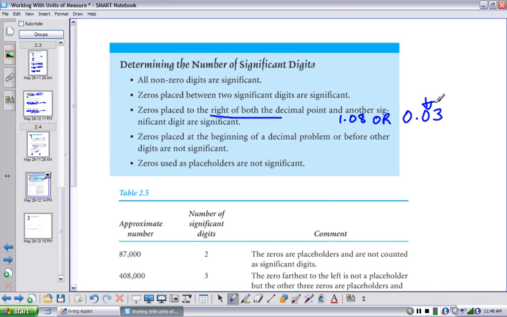Zeros placed at the beginning of a decimal problem or before other digits are not significant. So this is significant. This zero, however, is not significant. And zeros used as placeholders are not significant. So let's look at this table.